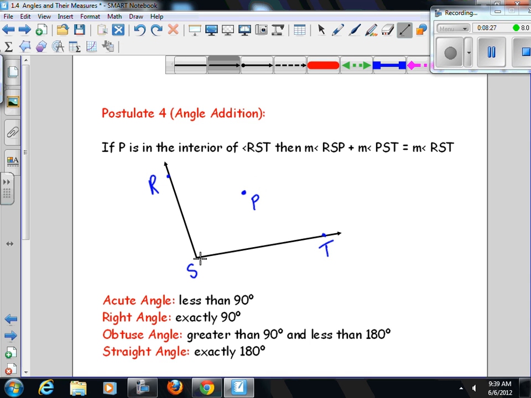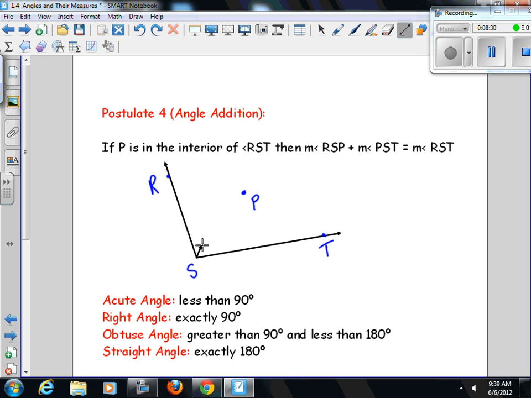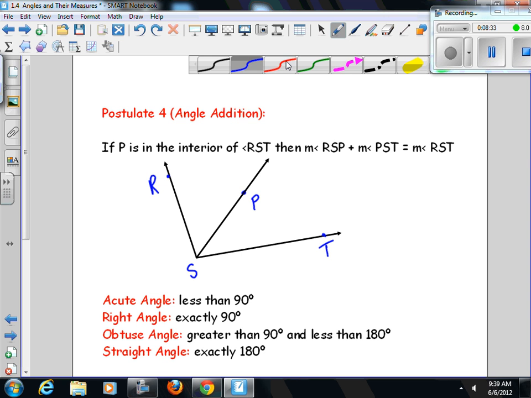Now what I'm going to do is draw a ray from S through point P. And now what I've illustrated in this drawing is that if I were to add the measure of angle RSP to the measure of angle PST, I would get the measure of this big angle RST.